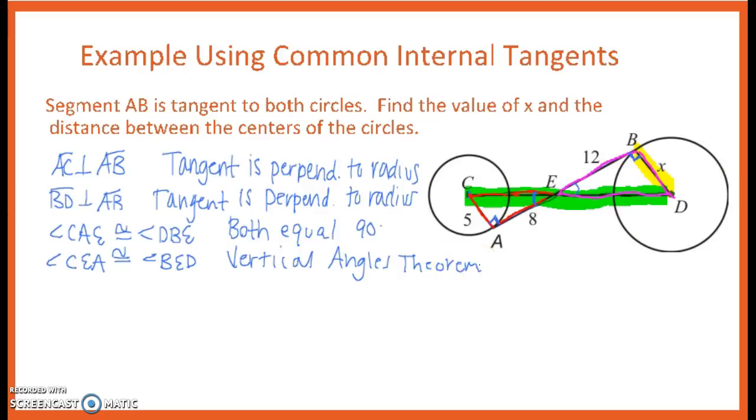And so now we've shown two angles in one triangle are congruent to two angles of another, so we are able to state these two triangles are similar. And what that allows us to do is to then write up a proportion comparing the corresponding parts of each of these triangles, and we can then solve for the length from B to D.